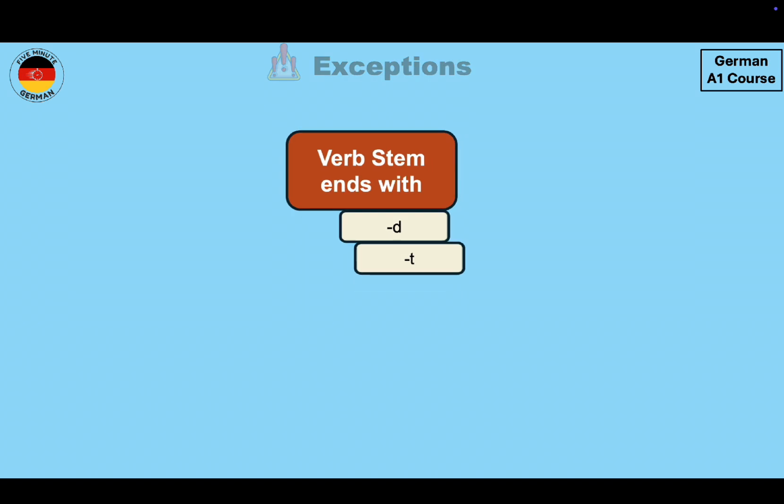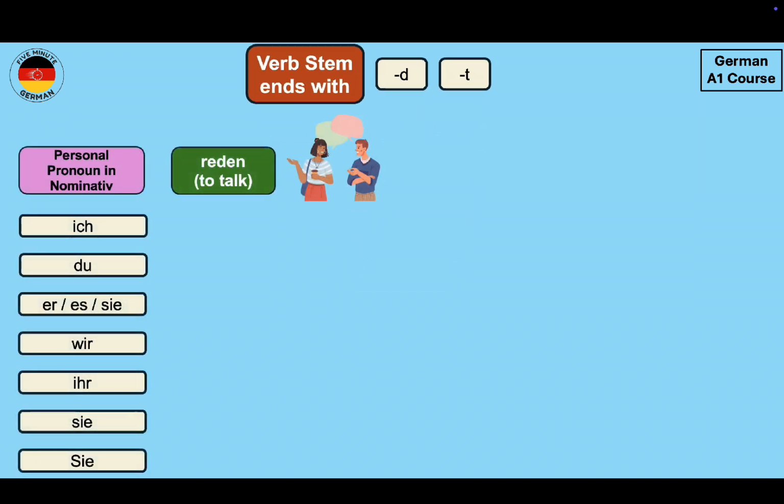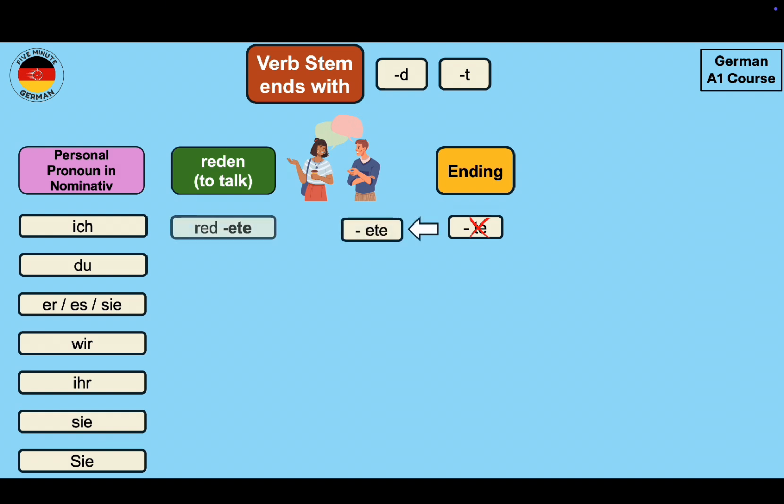Let's understand this with the example verb reden, which means to talk. So normally the ending with ich in past tense should be -te. However, in this case it will not be -te, rather it will be -ete. So it will become ich redete. In second person singular, the ending should be -test. However, in this case it will be -etest.